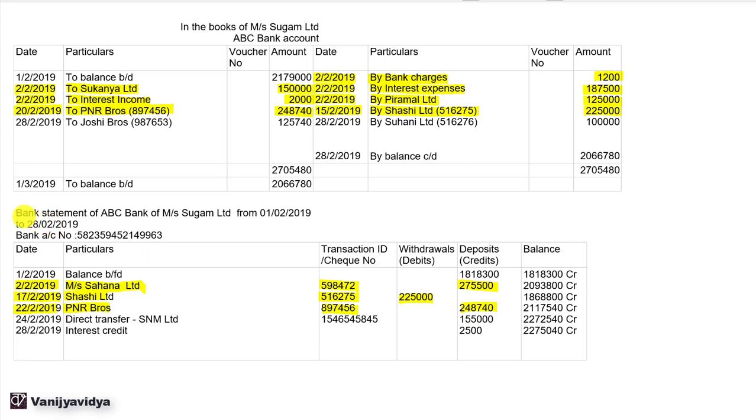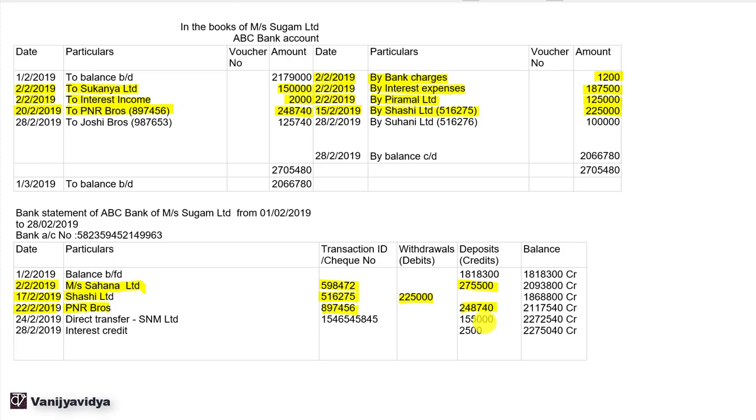Now let's go to the bank statement of ABC Bank for the month of Feb. So if we see, this is the opening balance 1st Feb 2019. All these items are marked here. Then there is one transaction on 24th Feb 2019, direct transfer by S&M Limited. So there is a credit of 1,55,000 but the same is not appearing in your cash book.